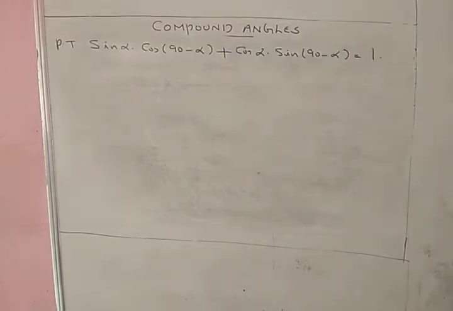Okay, our next problem. Sin alpha into cos(90 minus alpha) plus cos alpha into sin(90 minus alpha) is equal to 1. Here the left hand side is sin A cos B plus cos A sin B. Therefore, the left hand side is sin(A plus B).